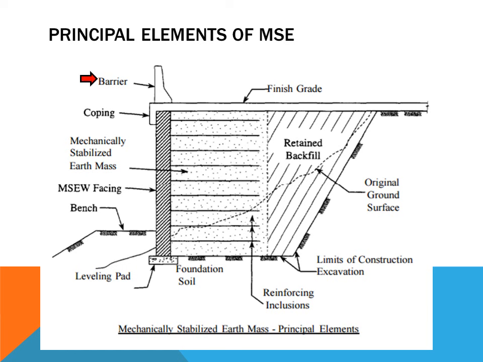Such as the barriers, the copings, the mechanically stabilized earth mass, the facing of the MSE wall, then the bench, the pad to support this MSE wall facing, the foundation soil which can support the earth mass of the MSE, and also the reinforced inclusion which can provide sufficient pull-out resistance to this facing, the finish grade of the road, the retained backfill.